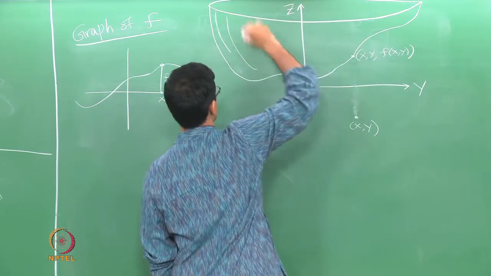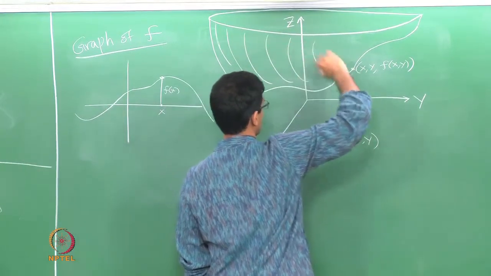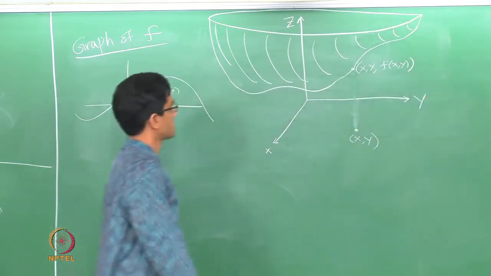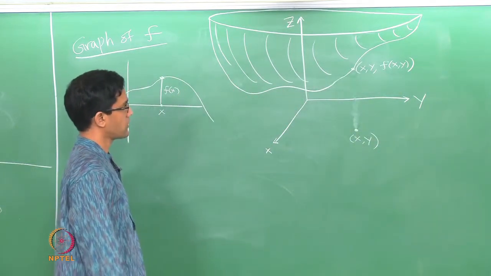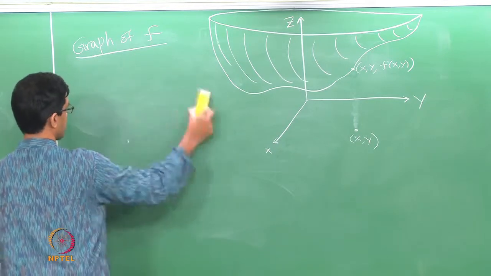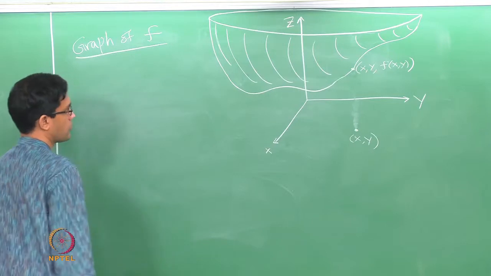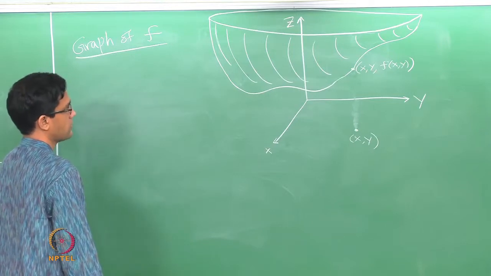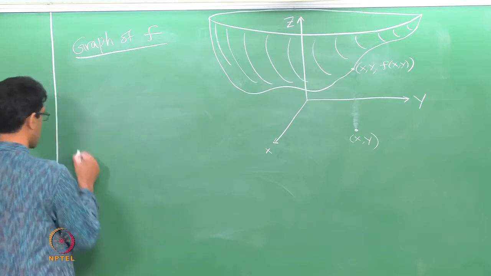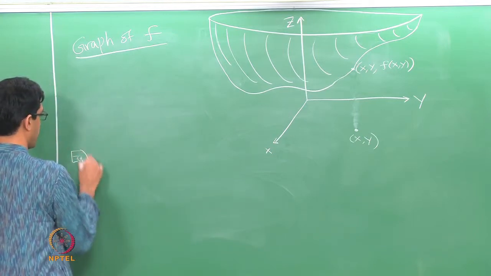So it is sort of this surface here. And that is what we call the graph of this function. Let us just get rid of the one dimensional graph. So, this is how you plot the graph of a function of two variables. So, let us see what is an example of an actual function.